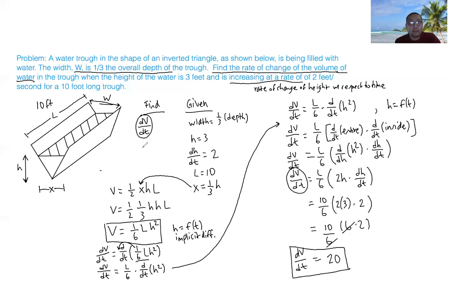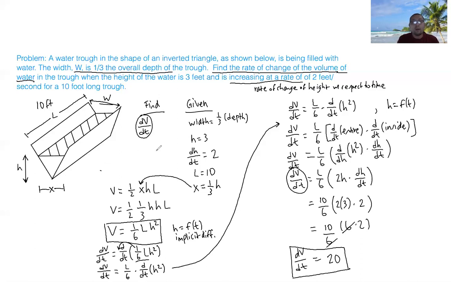And in this case, the width was given at 1/3 the overall depth, right? And so we concluded that when you're talking about width, not the width of the trough, but we were concerned with the width of the water column, right? Because we are doing this calculation to see the rate of change of the volume of the water, not the column itself.